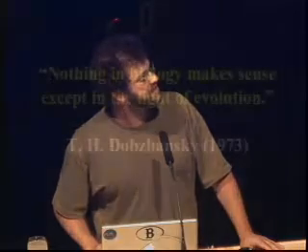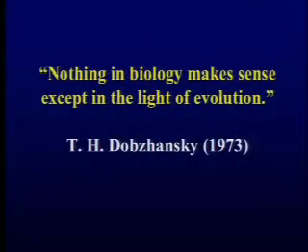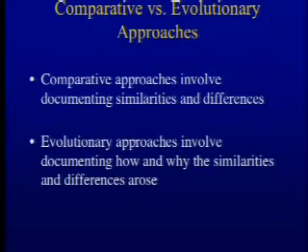And the basis for this is basically a quote by Dobzhansky, a famous population geneticist of the 20th century. And he wrote this quote actually in an article on science teaching. And his point of this was that you can't understand, in particular, things about comparative biology without understanding evolution.